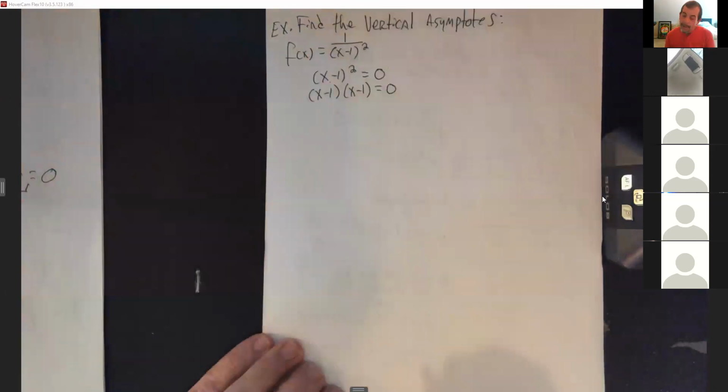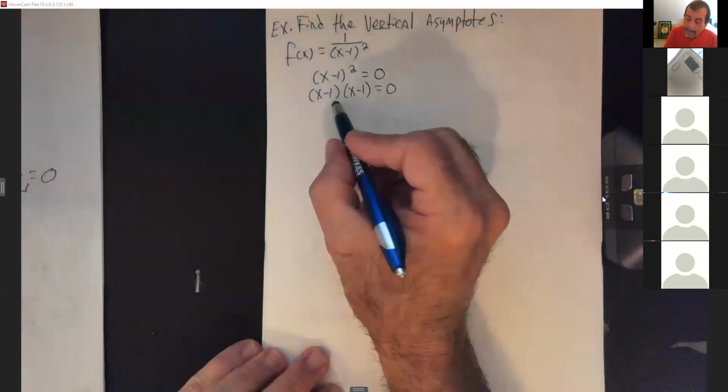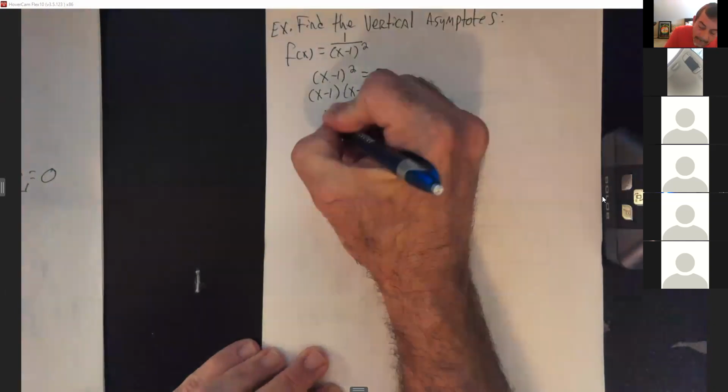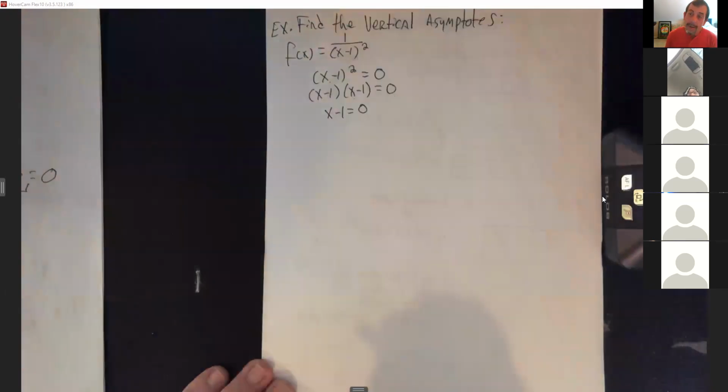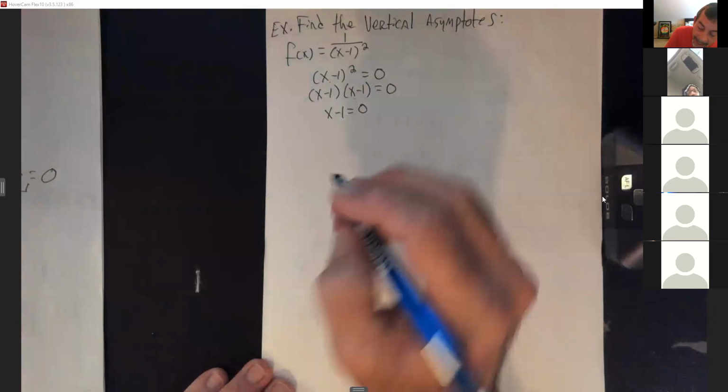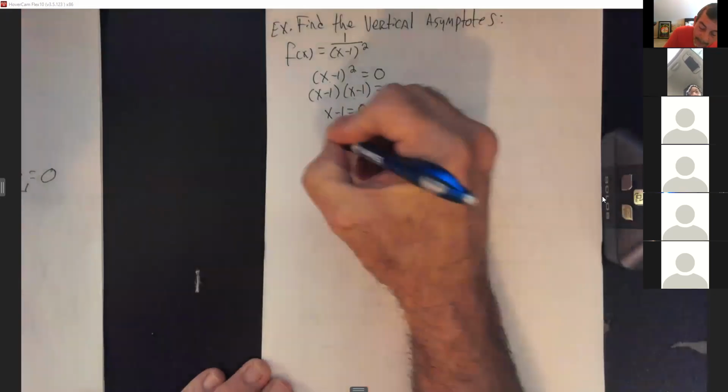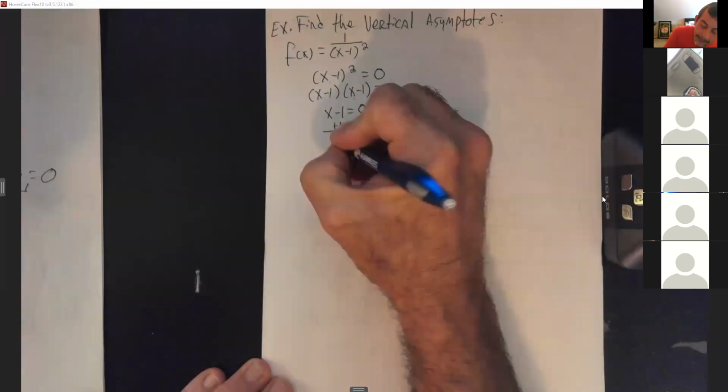All right, y'all, and at this point, since I got repeating factors, no matter which one I solve, I'm actually going to get the same answer. So I'm going to set my x minus 1 equal to 0, solve that by adding 1. So I get x is a positive 1.